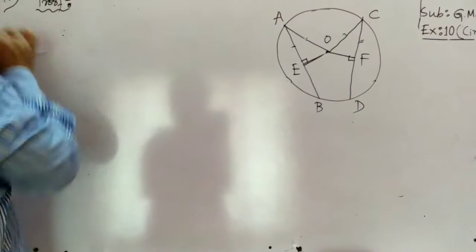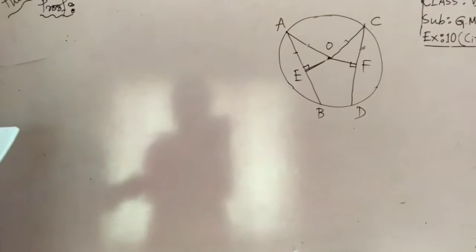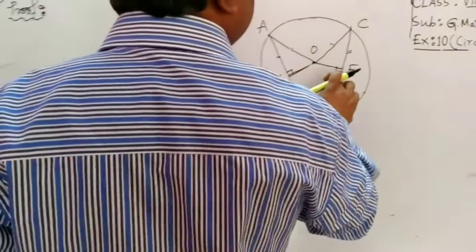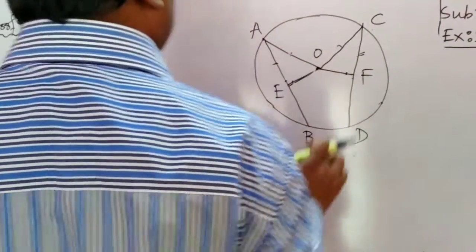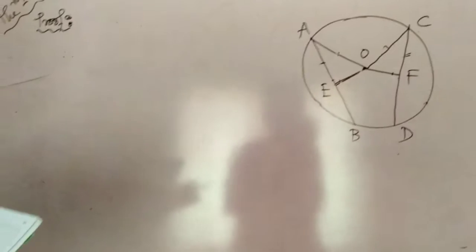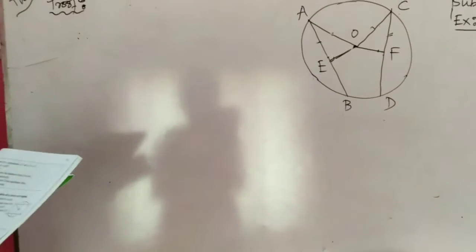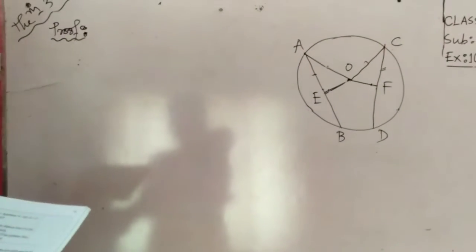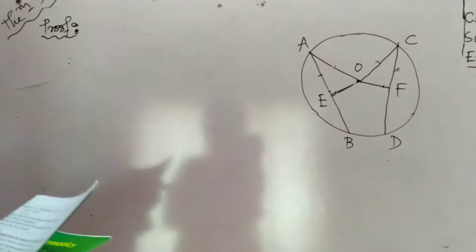Theorem 3. Same figure. Question টা হচ্ছে chords equidistance from the center of a circle are equal.